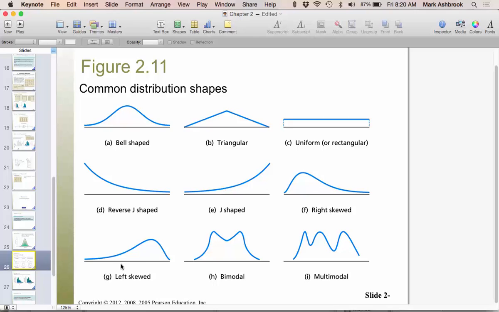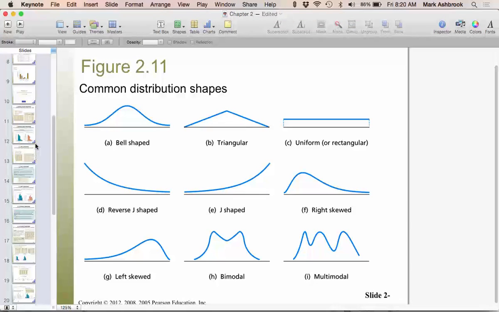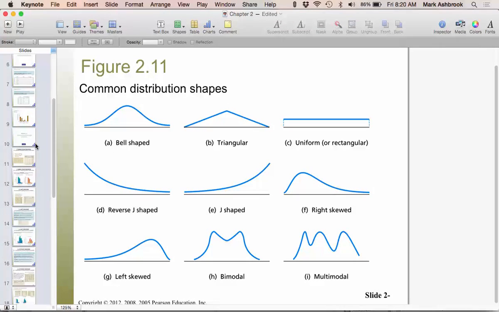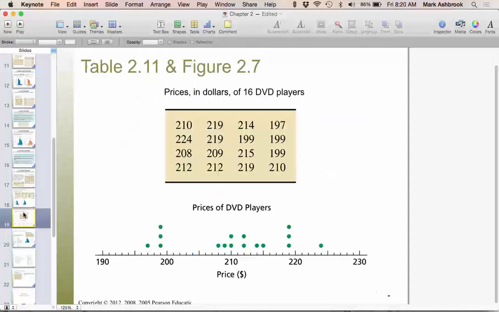So similarly, left skewed. Bimodal then would mean there's two places where you have highest frequency. Multimodal, lots of places of high frequency. We had an example of that, our dot plot. This dot plot, you would say, is multimodal. You have a mode down here around 200, a little mode here around 212, and a mode around 220.